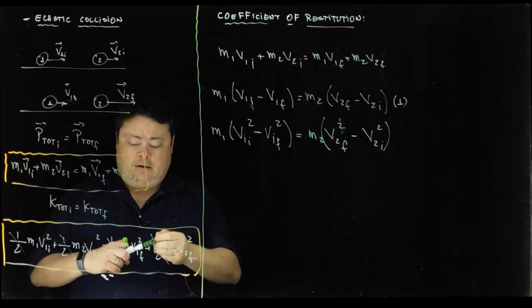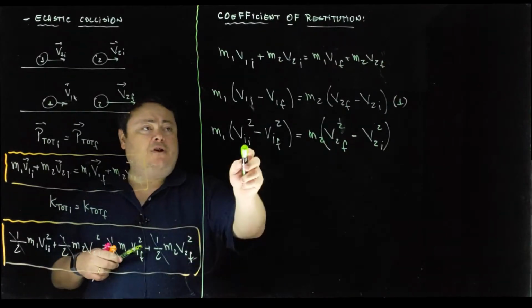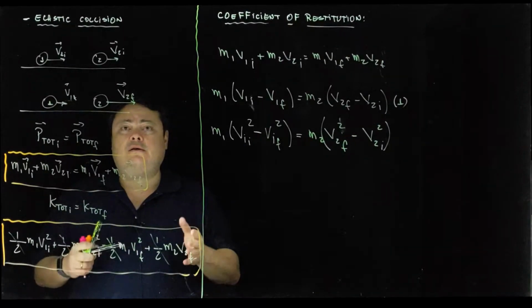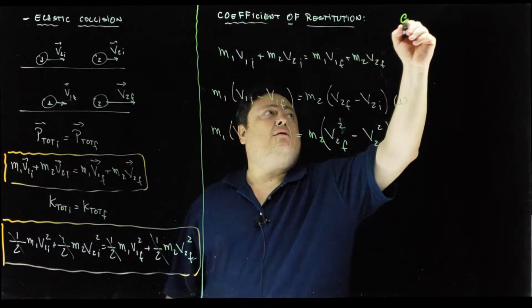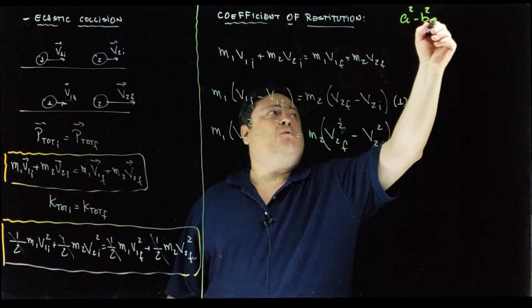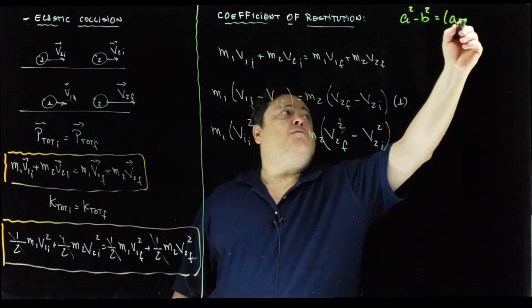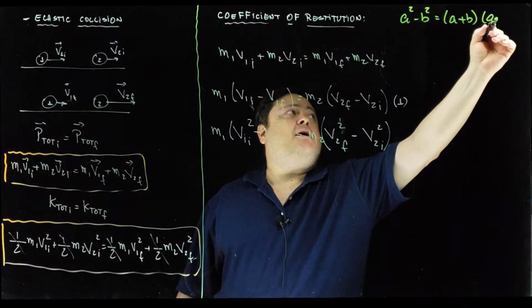But what I have in here is the difference of squares. And let's remember that a squared minus b squared is (a plus b) multiplied by (a minus b).